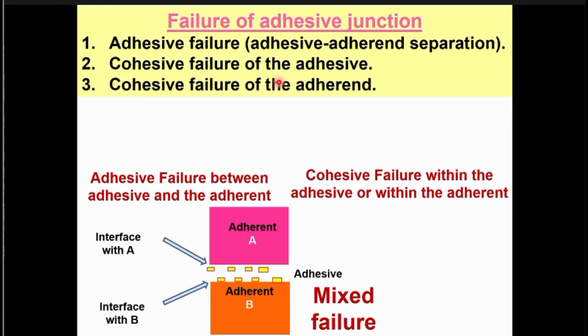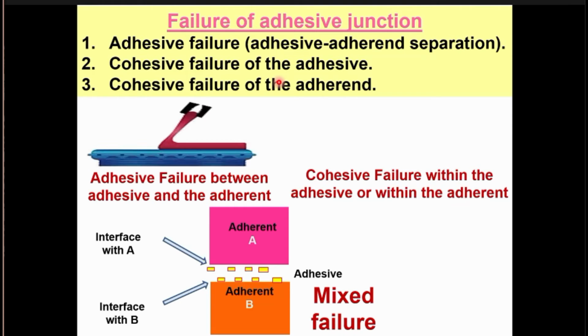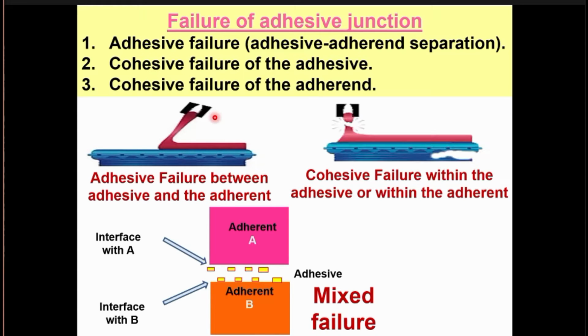As it is indicated from the name, you can clearly understand what is adhesive failure. Adhesive failure will be between two dissimilar materials. If you see this picture, this is adhesive which can be clearly separated from the adherent. So this is an example of adhesive failure.